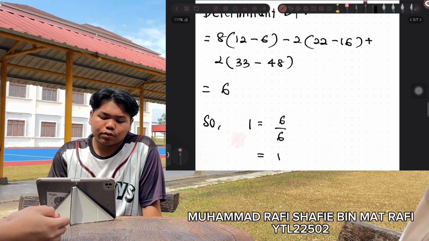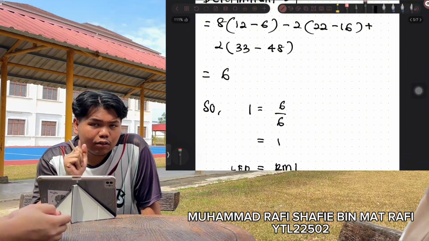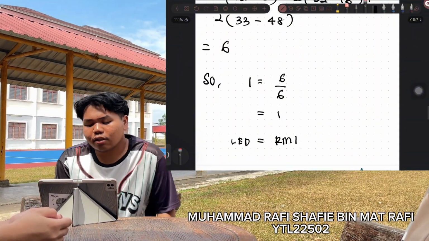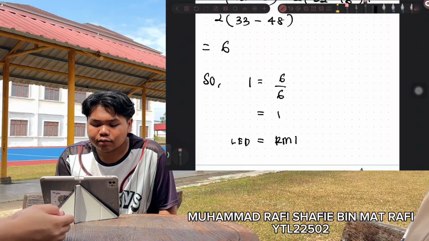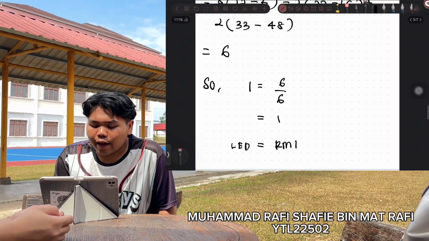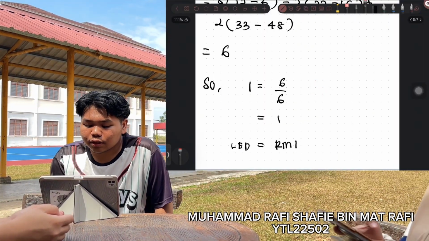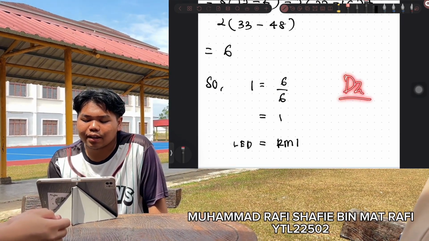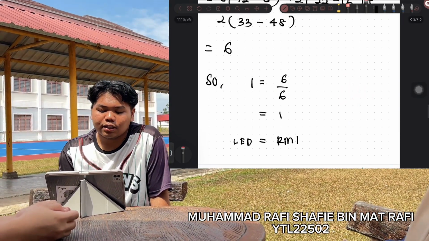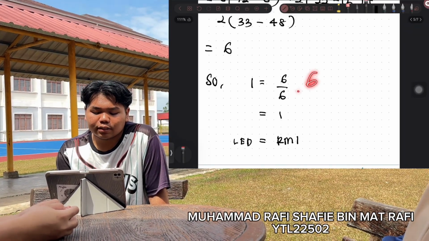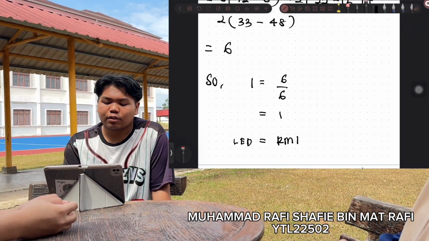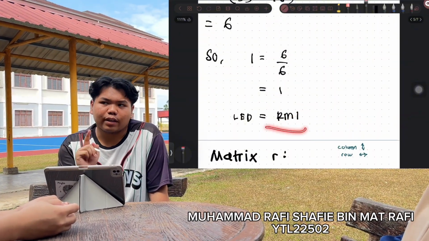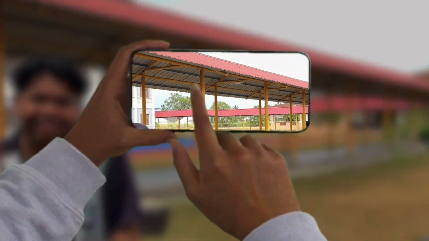So, to find the value of L, or the value of LED, we can calculate using the formula X equal to Dx divided by D, which is 6 divided by 6, and we got 1, which means the price of LED is RM1. That's all.